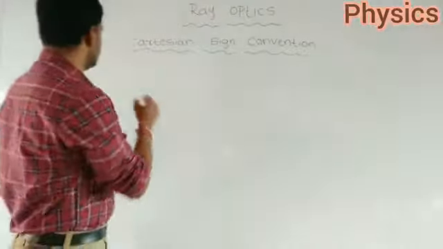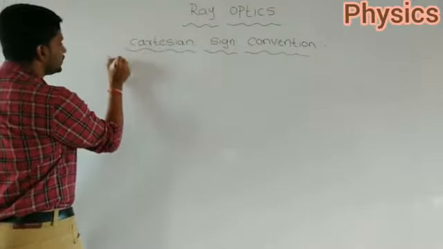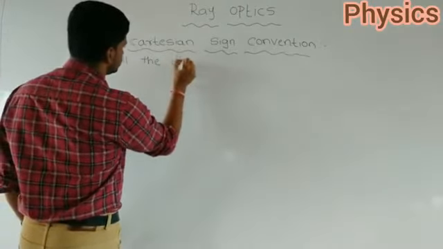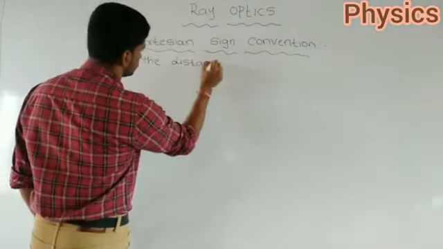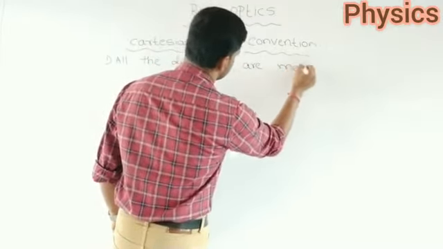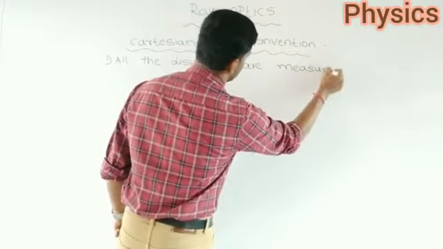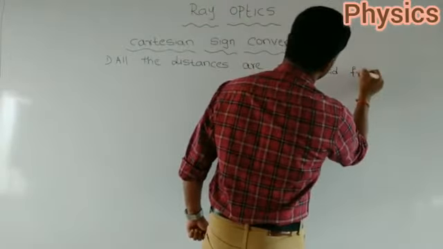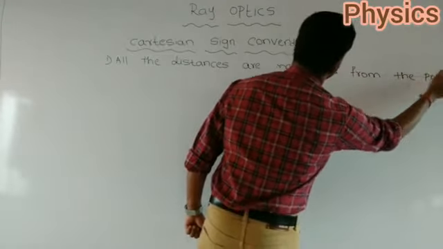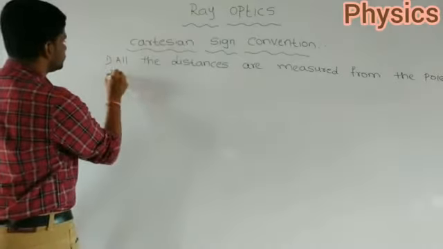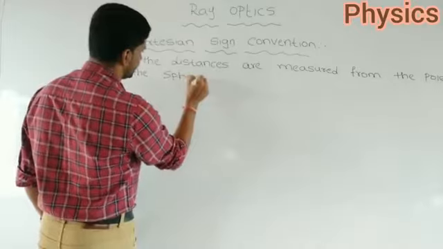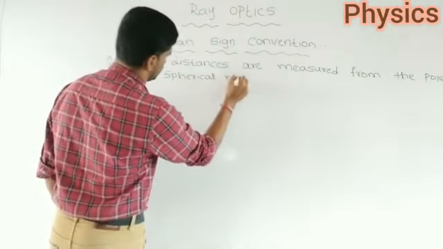The first rule is: all the distances are measured from the pole of the spherical mirror.